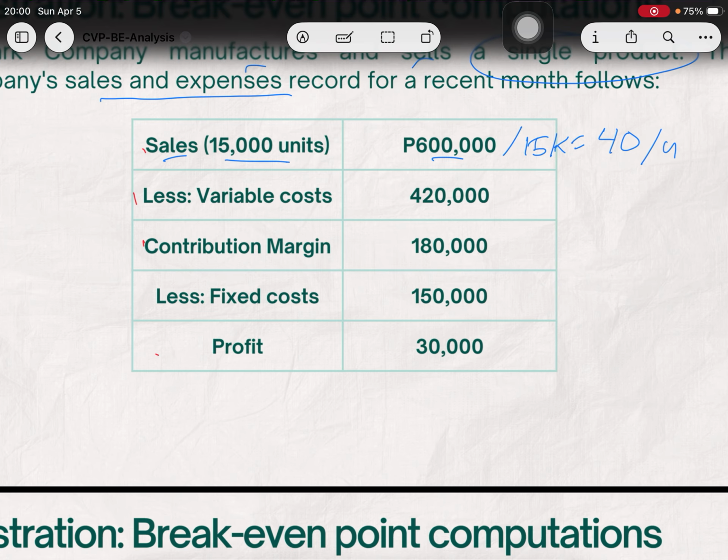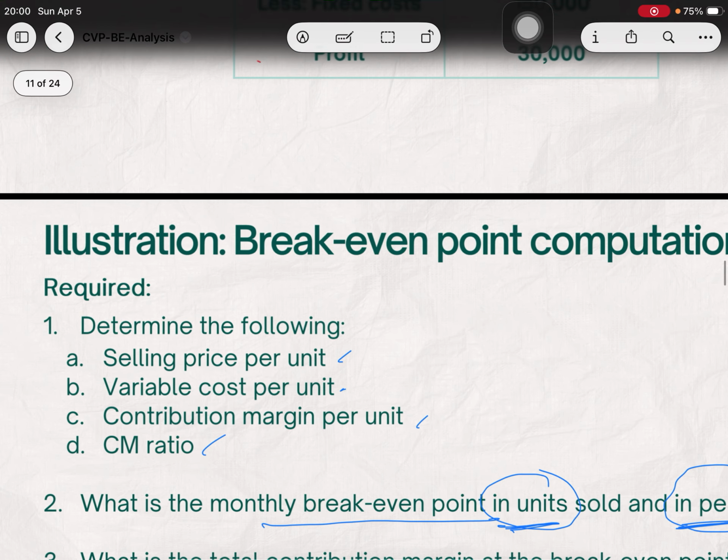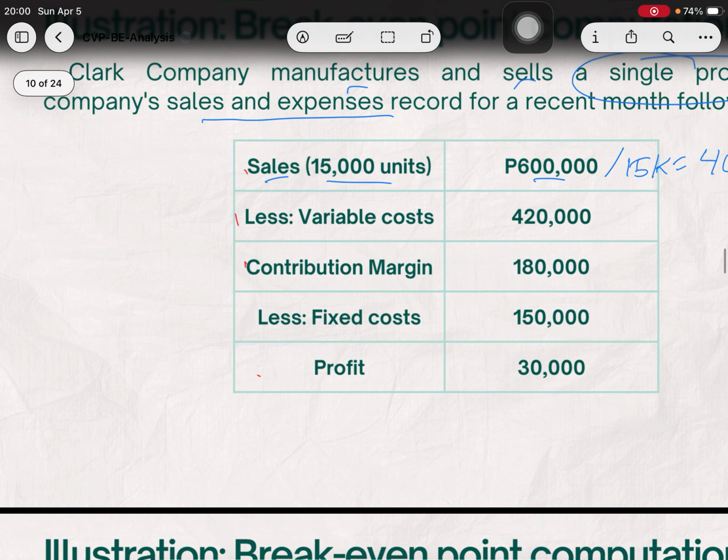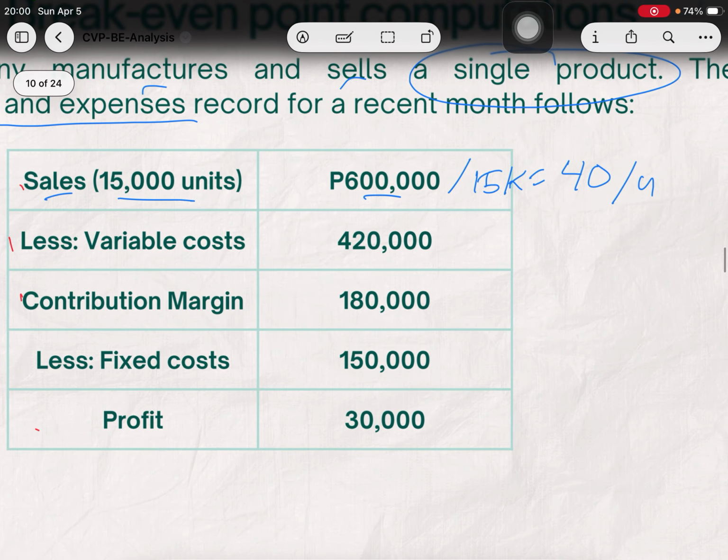Okay. Next question. Variable cost per unit. Ayan. So, since given na, class, kung ilan yung units sold na 15,000, yung 15,000 na yan, i-apply na natin sa lahat. Yan na yung units para sa variable cost at saka sa contribution margin. So, therefore, 420,000 divided by 15,000, that would be 28 pesos per unit.